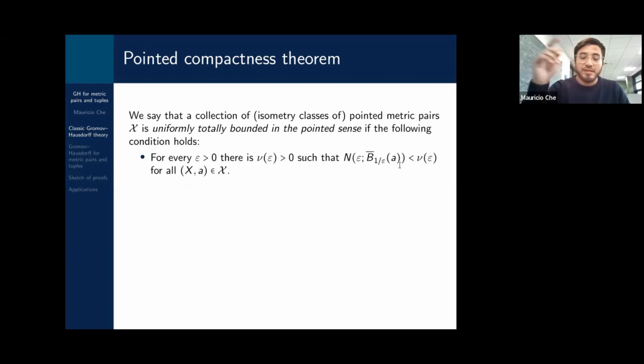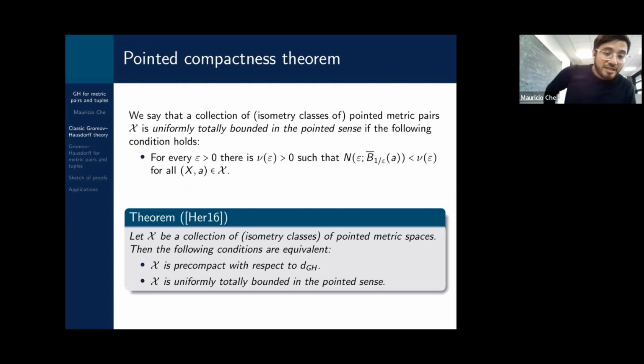And it turns out that this is enough to characterize precompact classes of pointed metric spaces. So a class of pointed metric spaces will be precompact with respect to the Gromov distance if and only if it is uniformly totally bounded in the pointed sense.